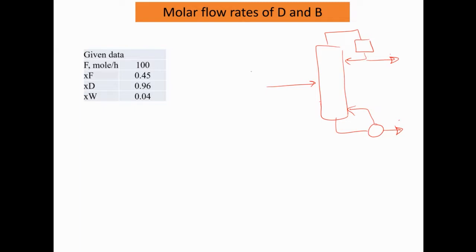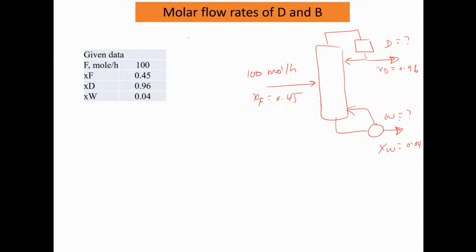Feed is 100, and you have X feed here, XD here, and W is not given, but I know XD is equal to 0.96 and XW is equal to 0.04.